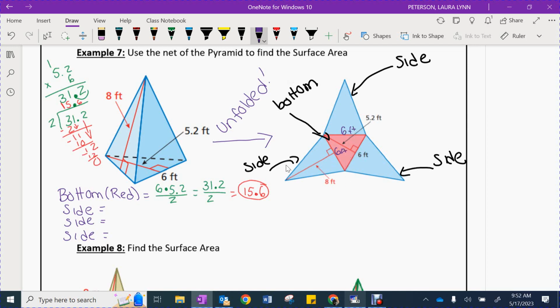So when I do the side, I know my base is 6 times my height of 8 divided by 2. And that's the same. I want you to say same. So I'm going to rewrite 6 times 8 divided by 2 equals, equals, equals.